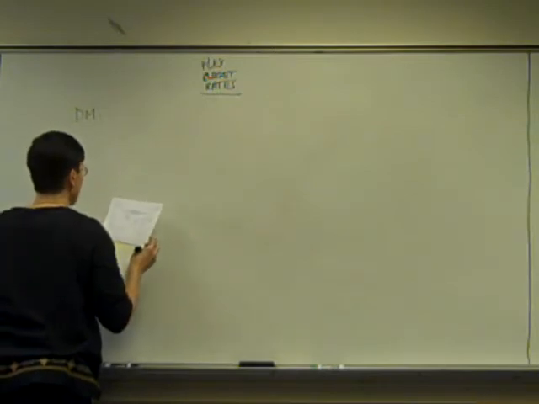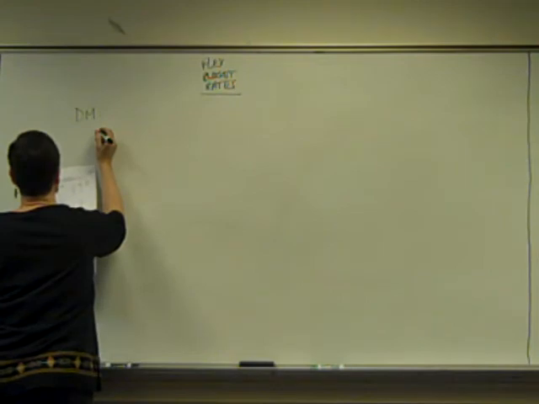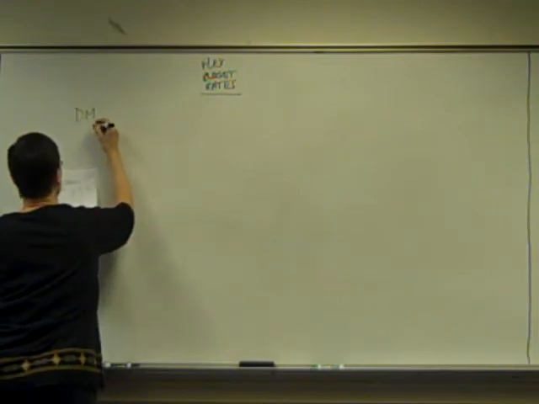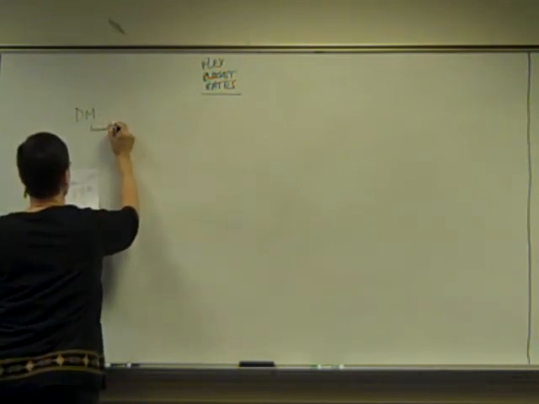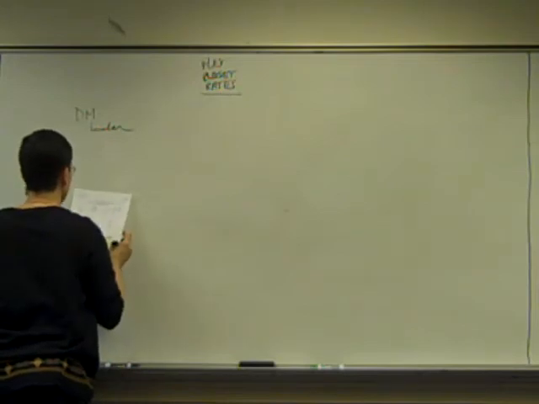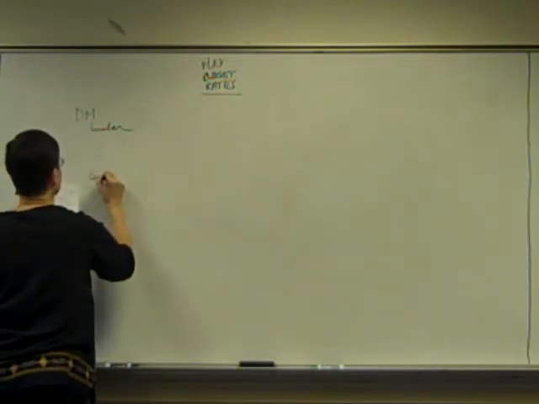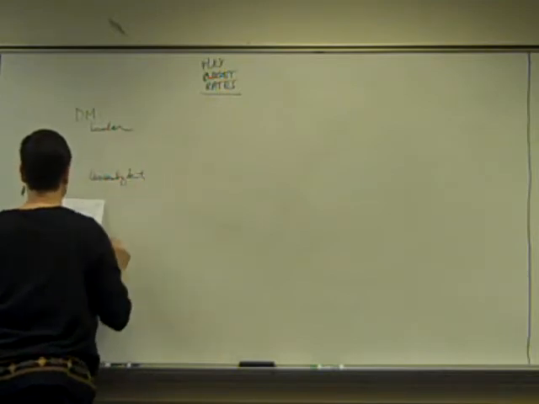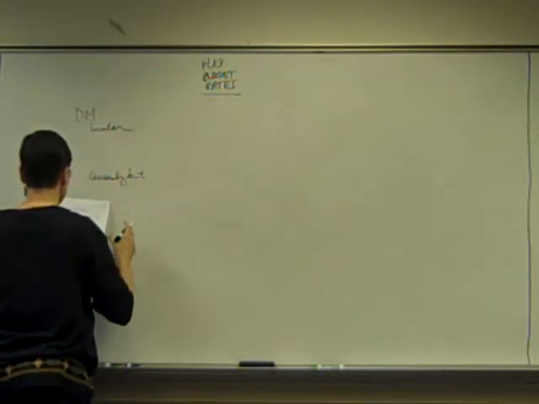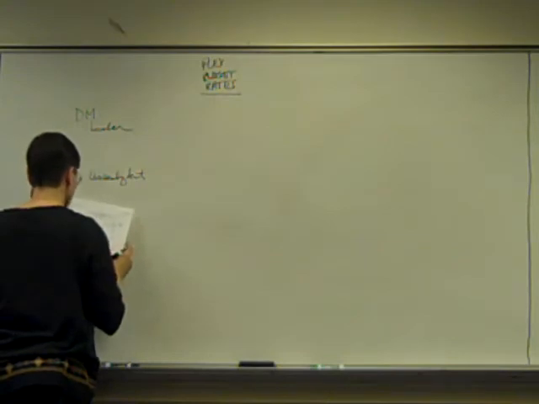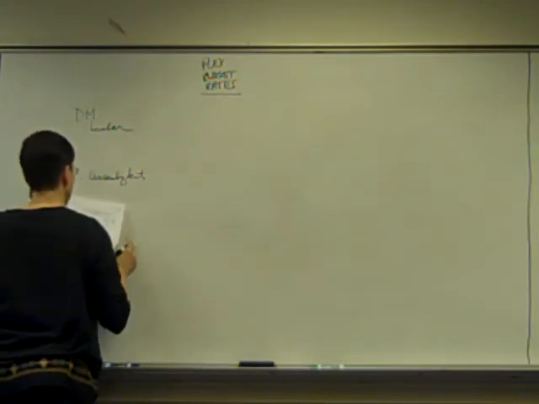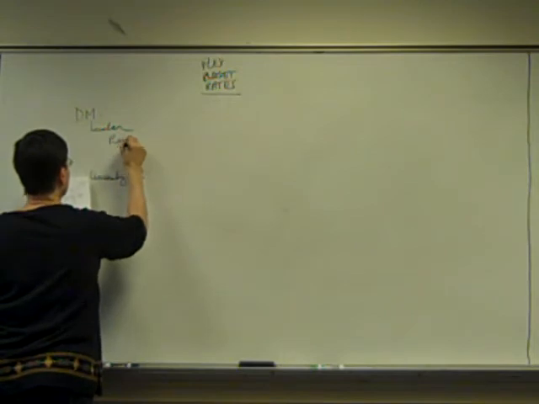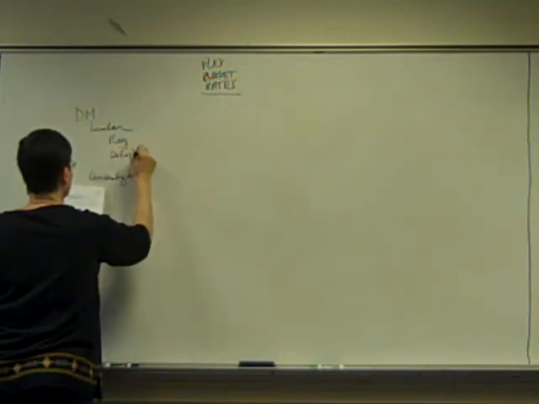And so when we make them for our direct materials, we have 2 direct materials. One is lumber and one is the assembly kit. And under each of the categories, we have a regular and a deluxe model.